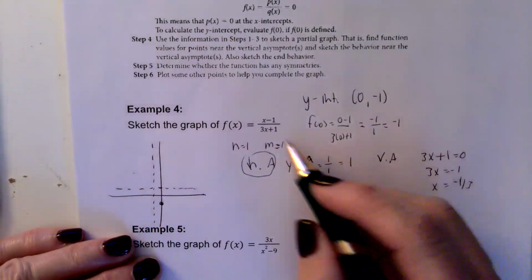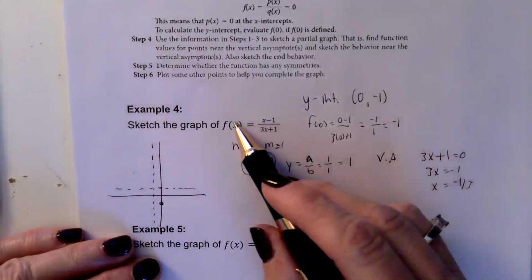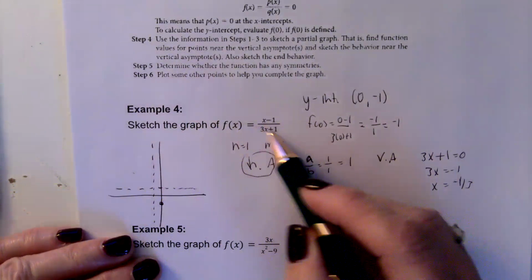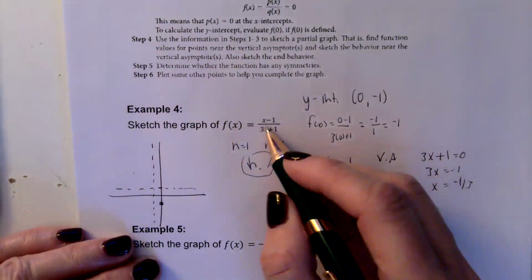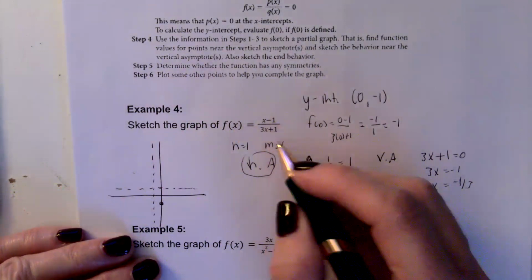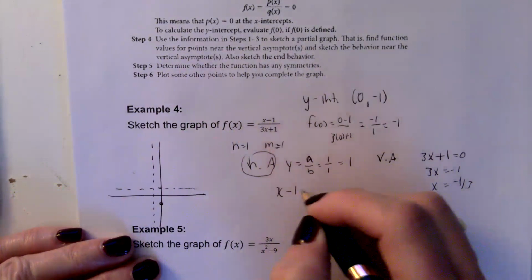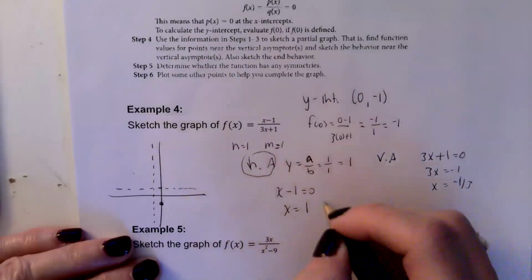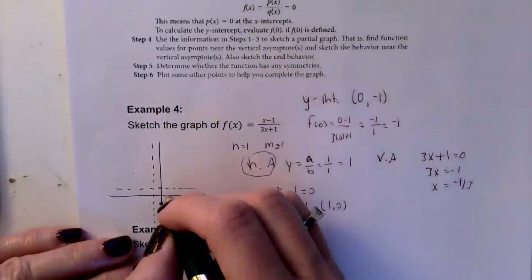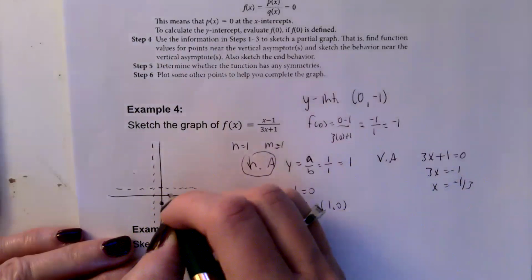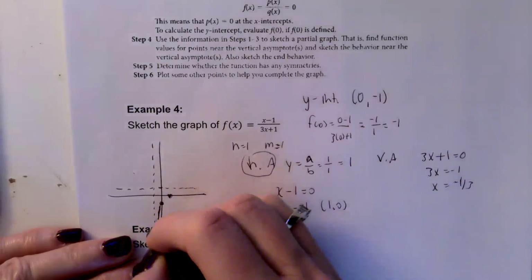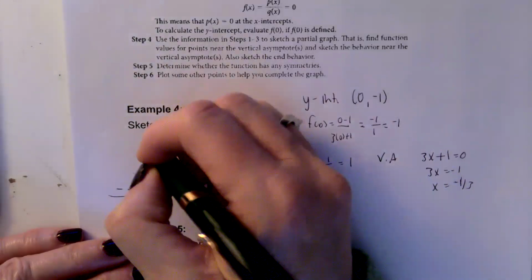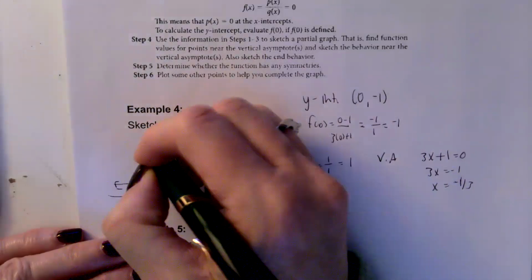And then our x-intercepts are where the function is equal to 0. So that's just our numerator, because the denominator won't matter. So it's where our numerator is equal to 0. So x is equal to 1. So there is 1, at (1, 0). So it looks like we have something going on like this, and then we're going to have something going on like this.